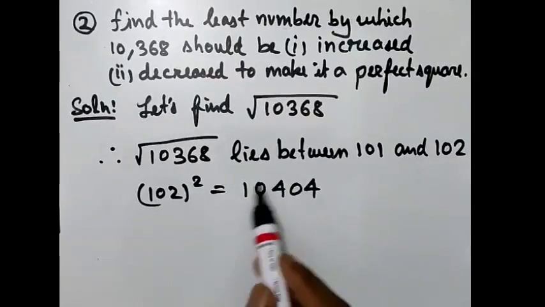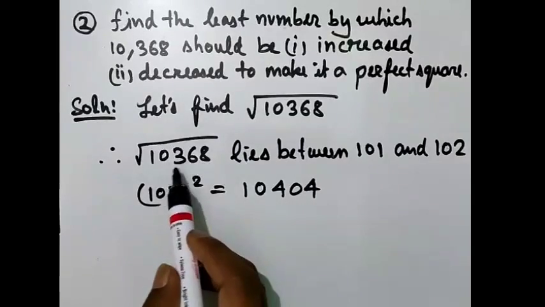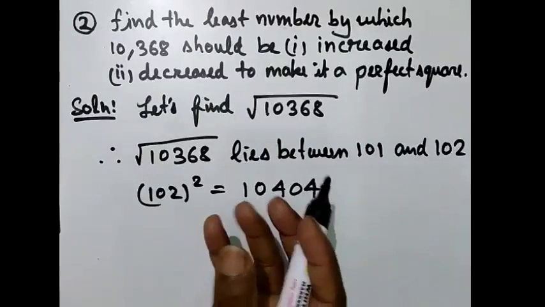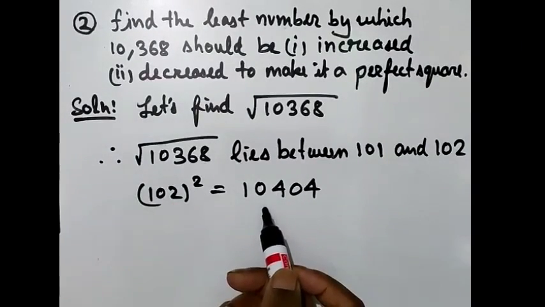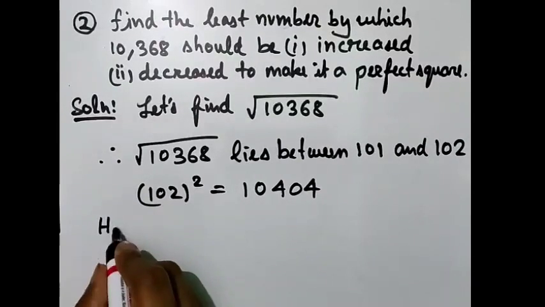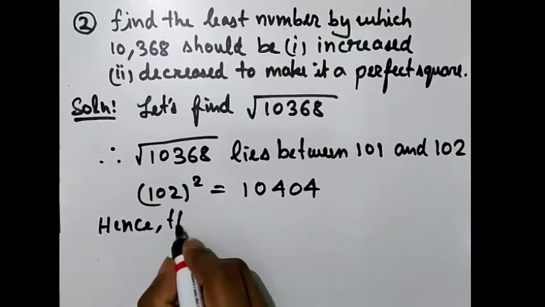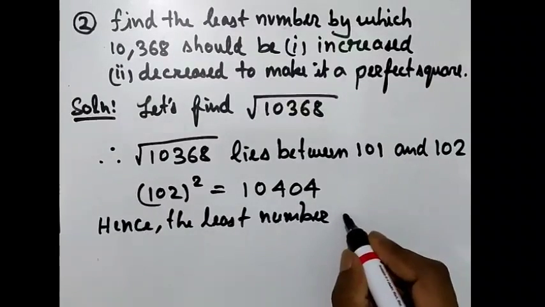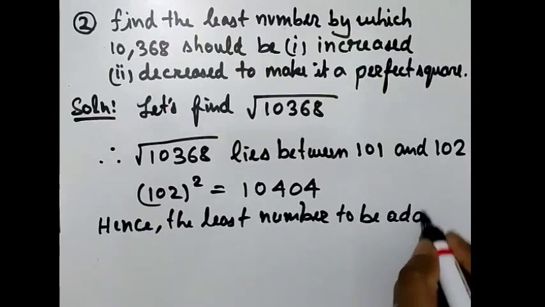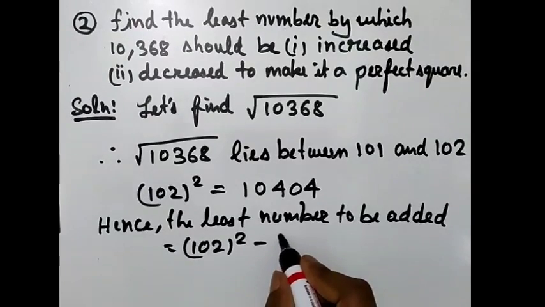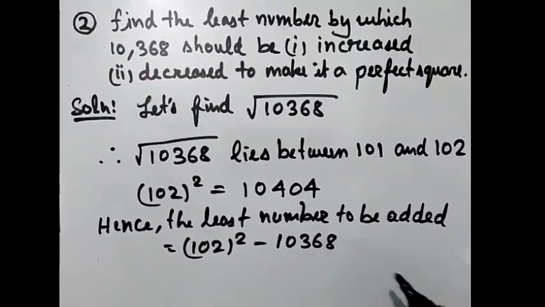So how much is 10,404 more than 10,368? Means we'll find the difference. That number should be added to this to make it 10,404. It will become a perfect square. So hence the least number to be added will be equal to 102 square minus 10,368.